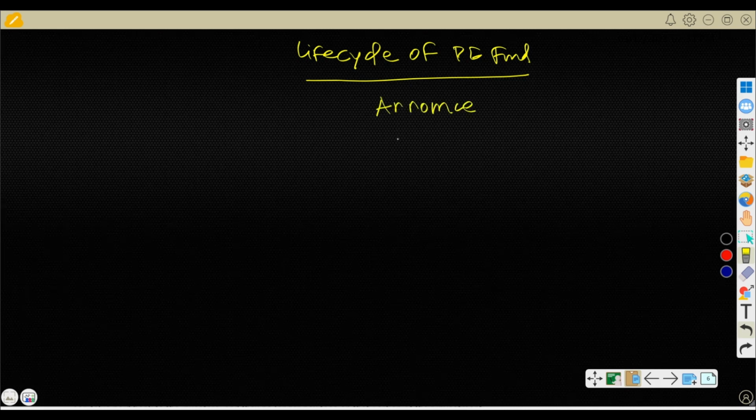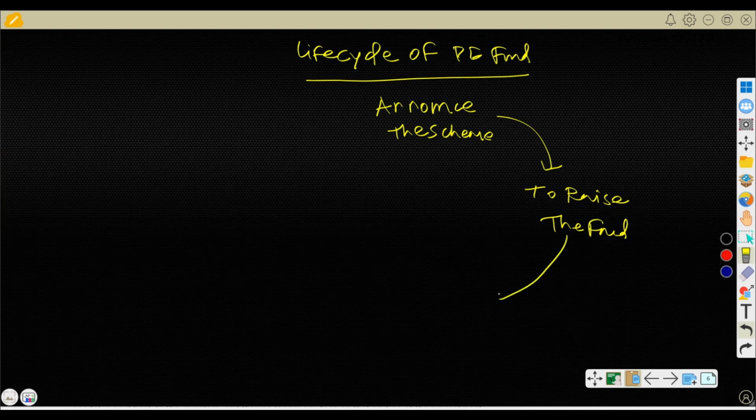Launch the fund. Then raise the fund. After raising, we invest in financial instruments. Generate alpha.